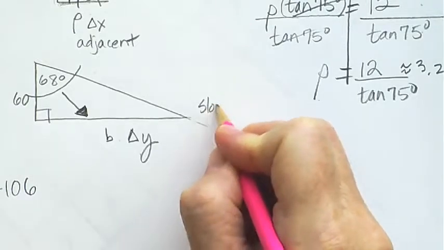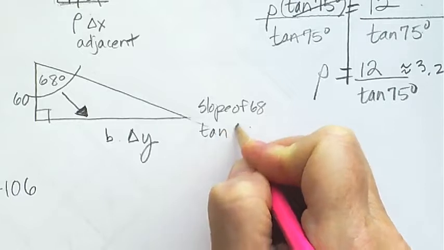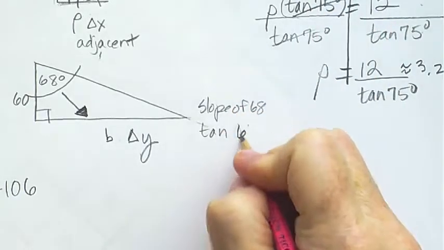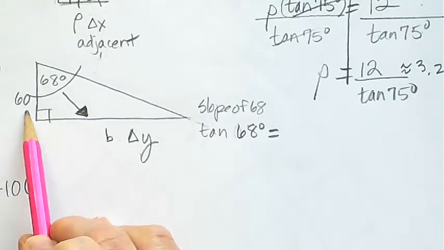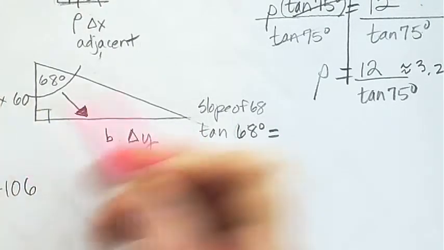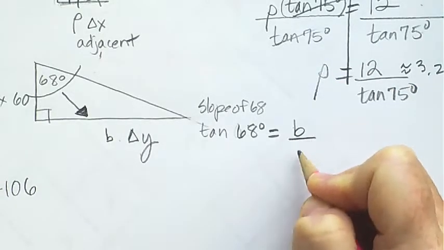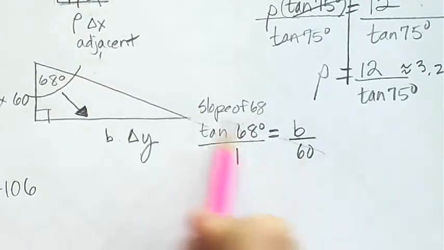So the slope of 68, which is the tangent of 68, is equal to the change in y over the change in x. So that's going to be b over 60. Let's put a 1 under tangent 68.